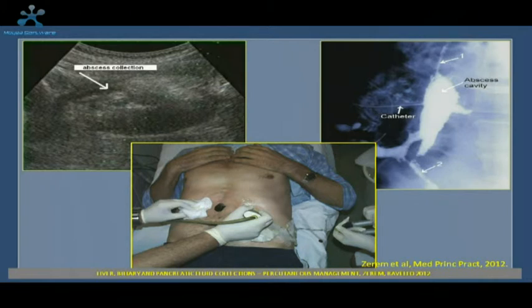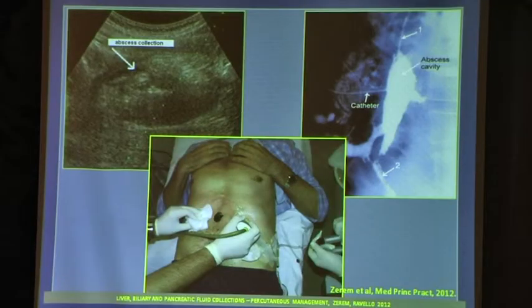We performed continuous drainage, vigorous irrigation with antiseptics, and proper administration of antibiotics. And after 6 weeks, this abscess collection disappeared and the fistula closed.